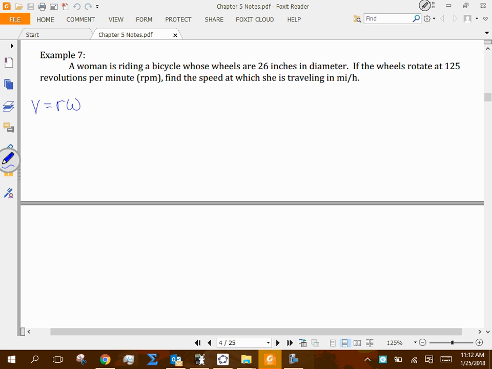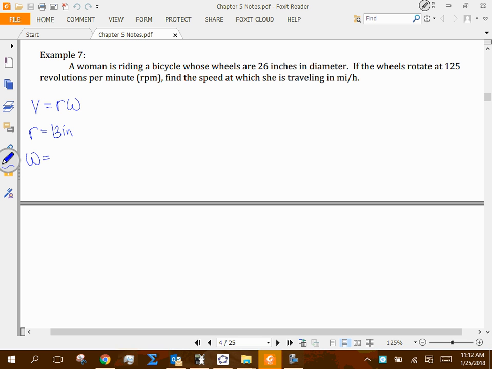But I think it's useful in this question to address this formula. R stands for radius, right? What is the radius for our particular wheel? 13 inches.